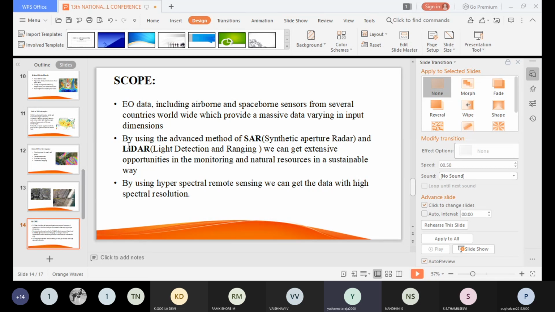Likewise, by using the advanced methods of synthetic aperture radar and light detection and ranging, we can get extensive opportunities in monitoring and natural sustainability. By using hyperspectral remote sensing, we can get high resolution images from the GIS. By using these high resolution images, we can predict the exact location of the disaster place. These are the scopes.